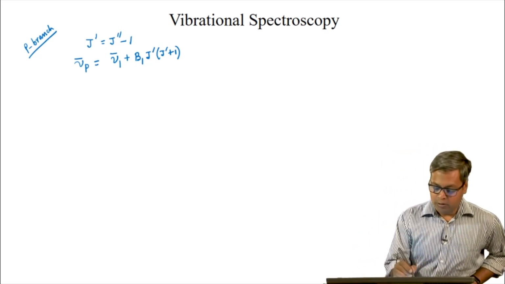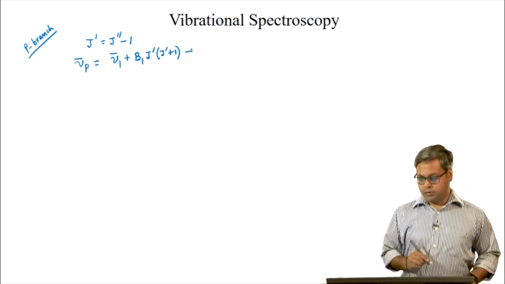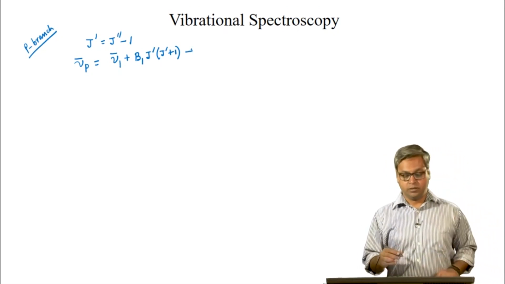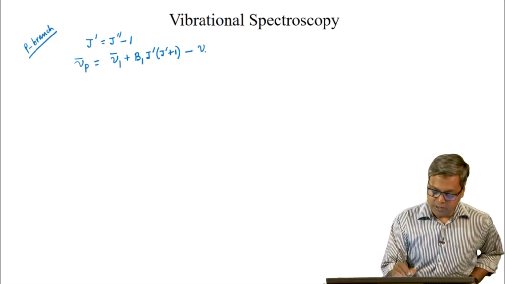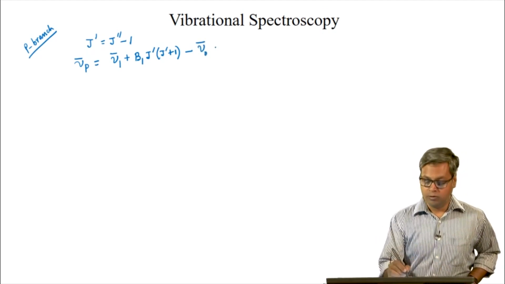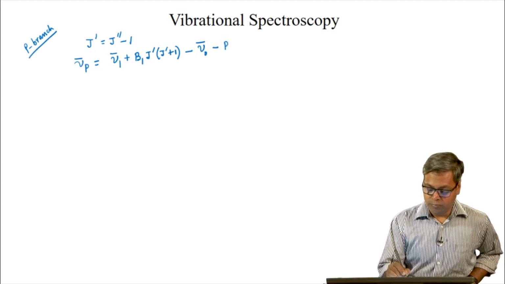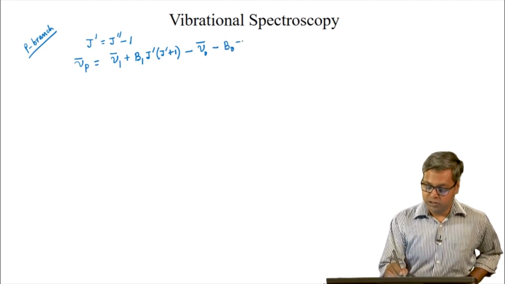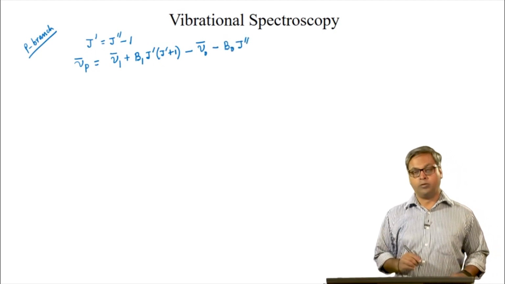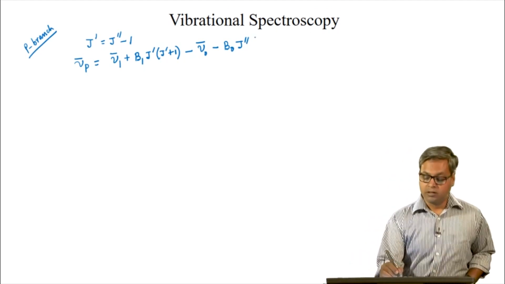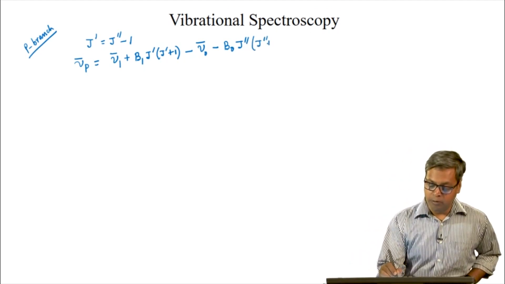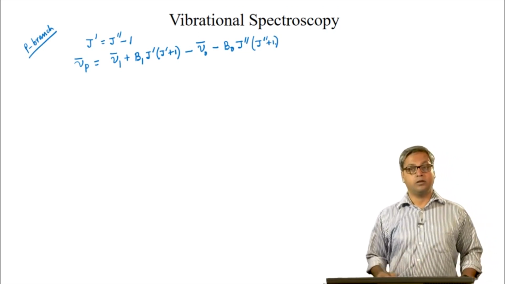So, from here we have to subtract the energy of the ground state or the initial state, that is nu bar 0 minus B 0 J double prime, because we are talking about the initial state, times J double prime plus 1.